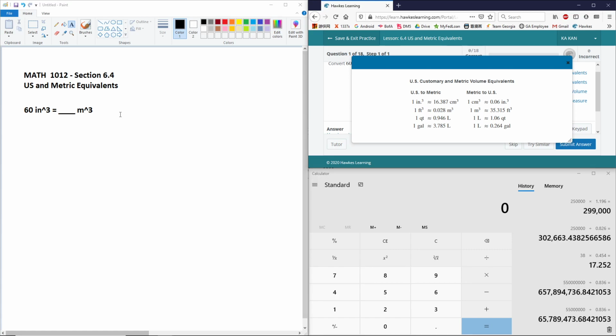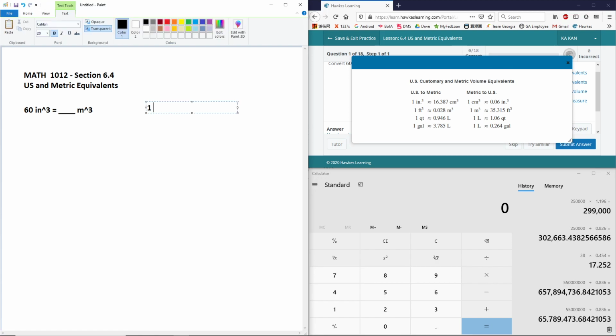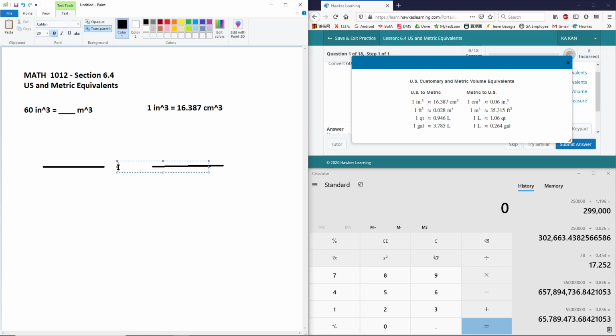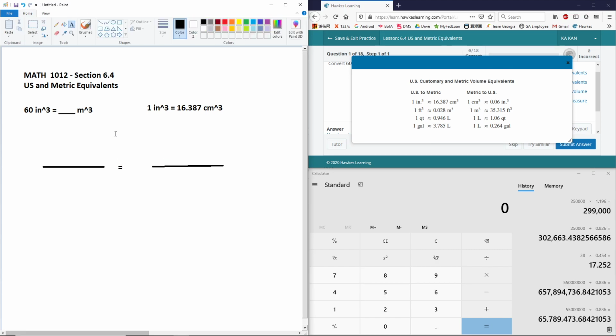Now look at this. Here's what we know: 1 cubic inch equals 16.387 cubic centimeters. So we are going to change this using a proportion. First, we figure out what to put on the left.